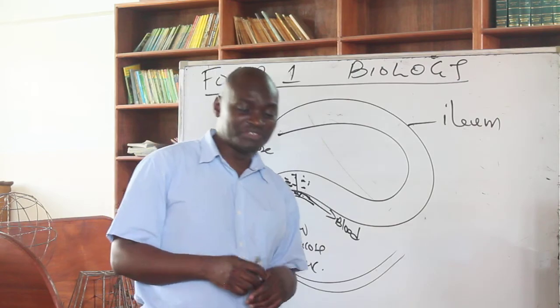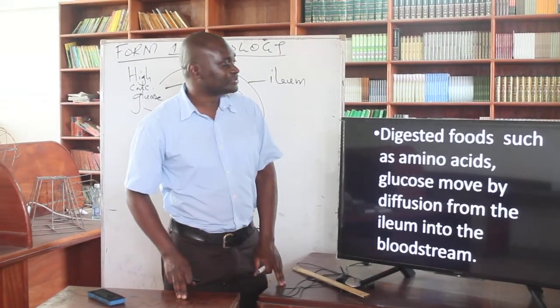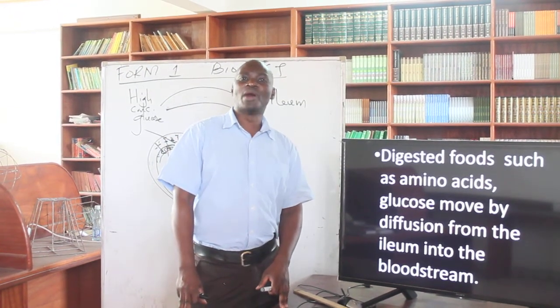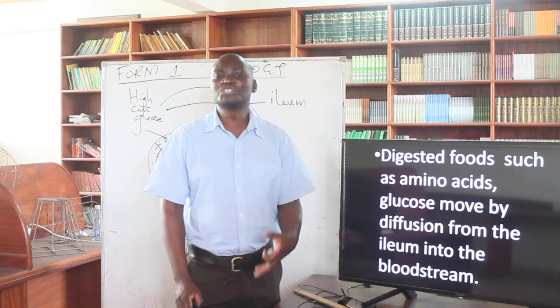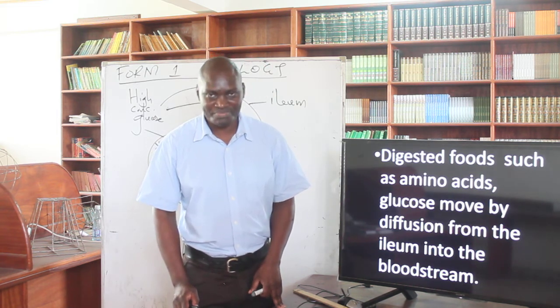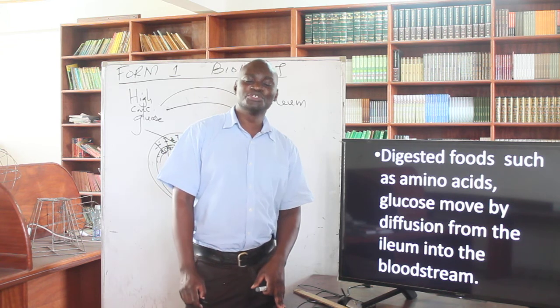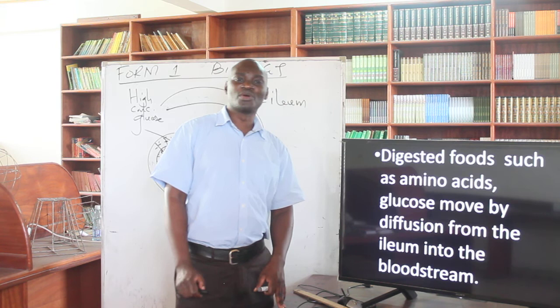So diffusion is important when it comes to absorption. The digested food materials such as amino acids and glucose move by diffusion from the ileum into the bloodstream, and after that they can be transported mainly to the liver before distribution occurs.